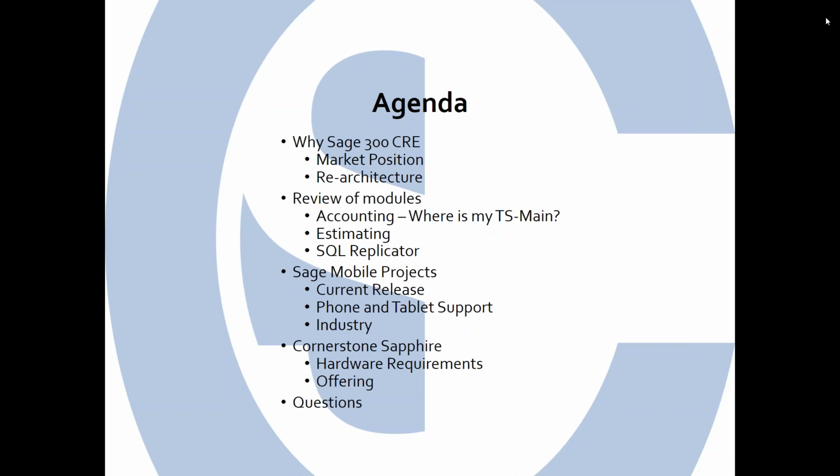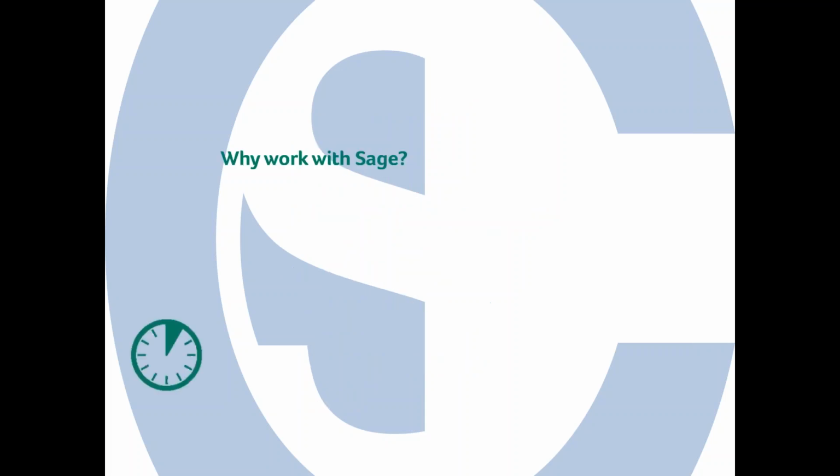And from there, we'll talk about futures in there too. And then lastly, Cornerstone Sapphire, that is our hosting solution. The idea there is to show how the hardware requirements have changed and updated with version 17.1 and how we plan on helping you take advantage of that if it's something that you're interested in.